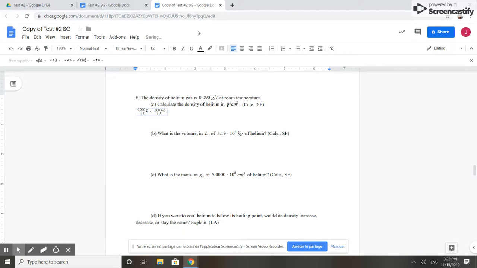You should know that there's 1,000 milliliters in a liter. And you should also know that I did that wrong, my bad. And you should also know that a cubic centimeter is equal to a milliliter.